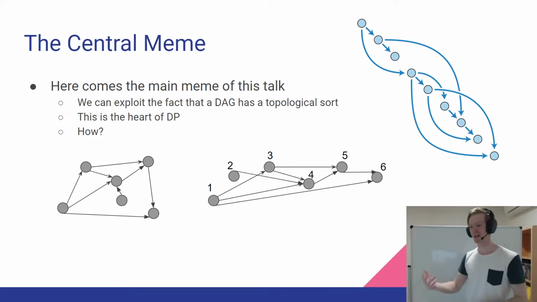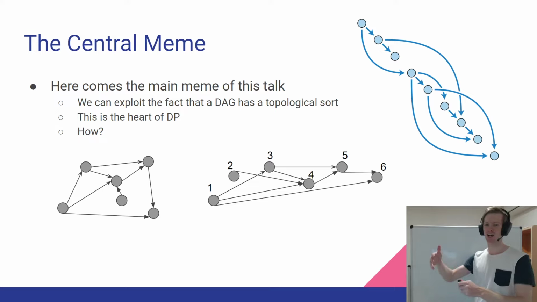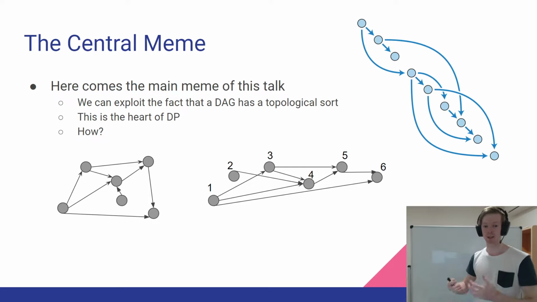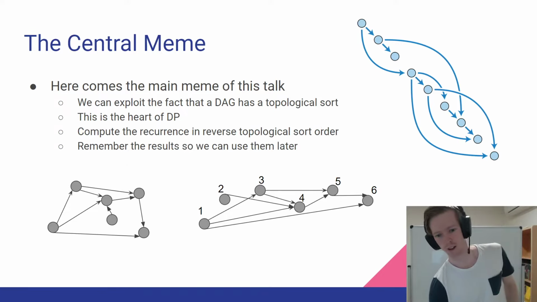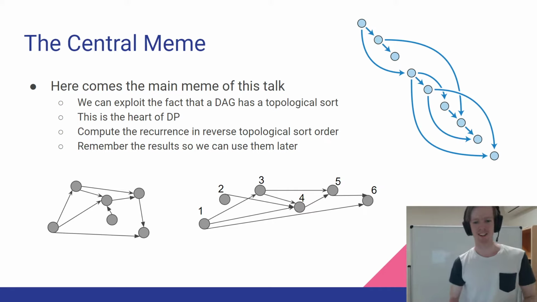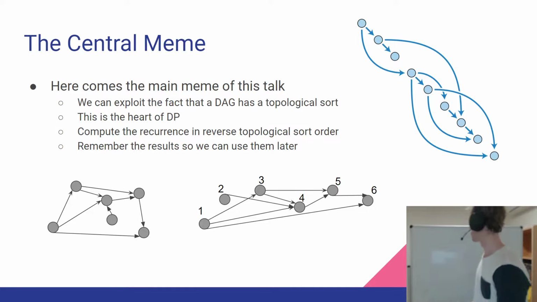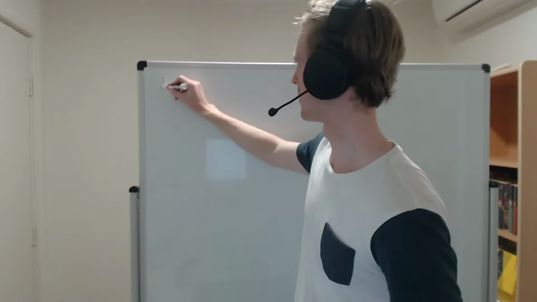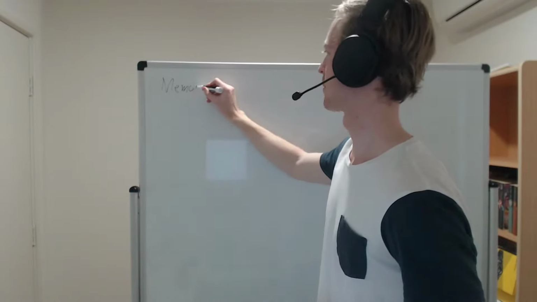So if you can draw any problem as a DAG with dependencies, or express it as a recursive function without cycles, because both of those are interchangeable, then you'll be able to create a DP solution out of this. So the central idea of all of this is something called memoization. I'll just leave that in the corner because this is pretty much the entirety of dynamic programming.